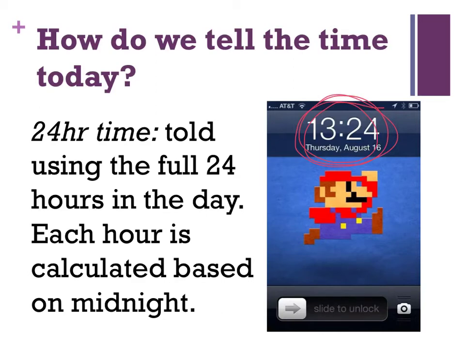So 1, 2, 3, 4, 5, 6, 7, 8, 9, 10, 11, midday being 12. Any hour after midday, another hour gets added. So from midnight to midday, that's 12 hours, and then 1 o'clock in the afternoon becomes 13 hours, 2 o'clock in the afternoon 14, 15, 16, and so on. But it is all relative to midnight.